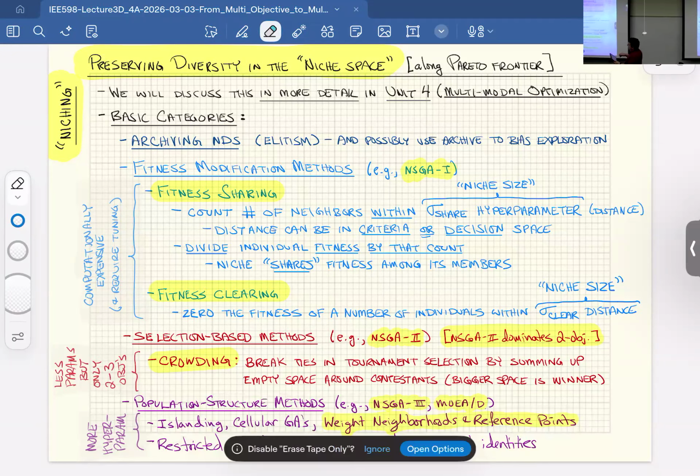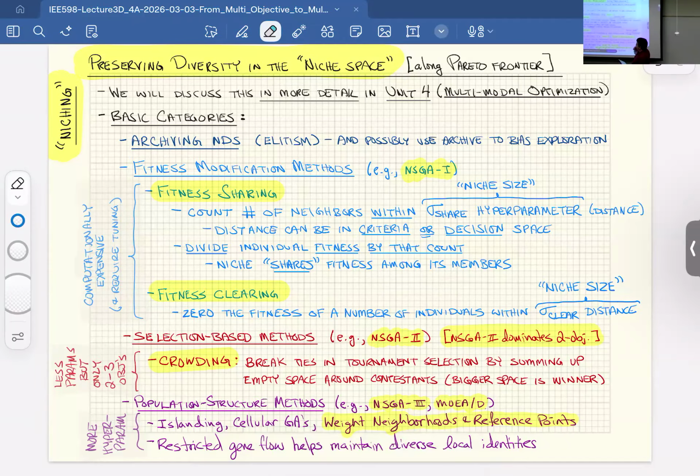And then the last type are these population structure methods, which gets into things like MOEA and SGA3. I've already sort of talked about these, where rather than depending upon Pareto ranking to hopefully fill things out uniformly over the Pareto frontier, you create little islands, little neighborhoods, where you do the Pareto ranking just within that neighborhood.